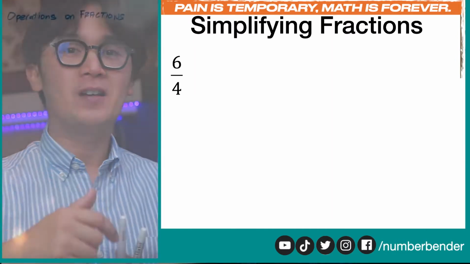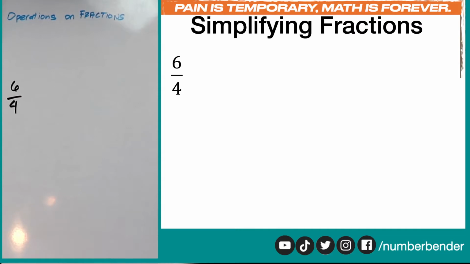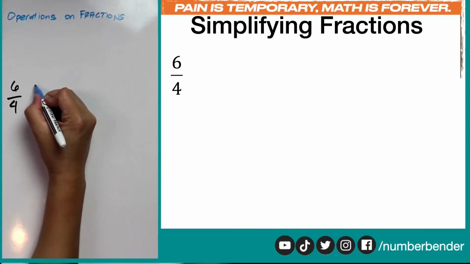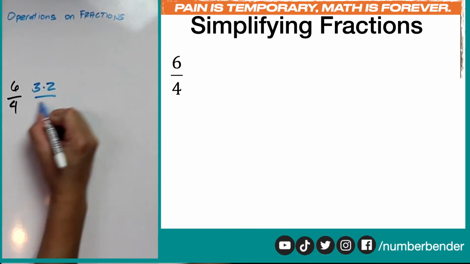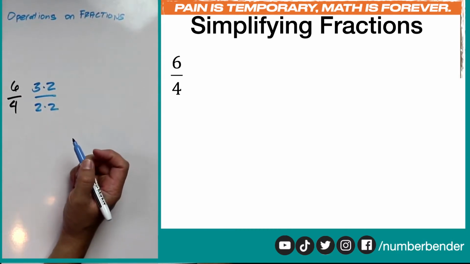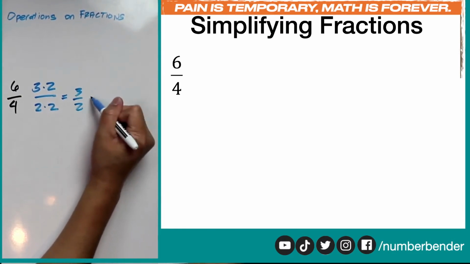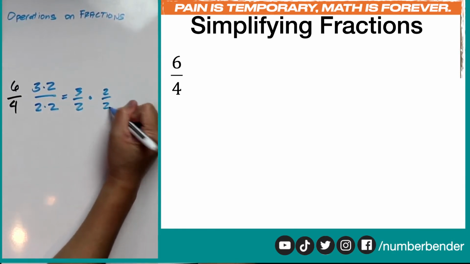So let's start with 6 over 4, and we know that 6 can be factored into 3 times 2, and 4 is 2 times 2, and these are the prime factors of these numbers. By doing so, we'll have 3 over 2 multiplied by 2 over 2.